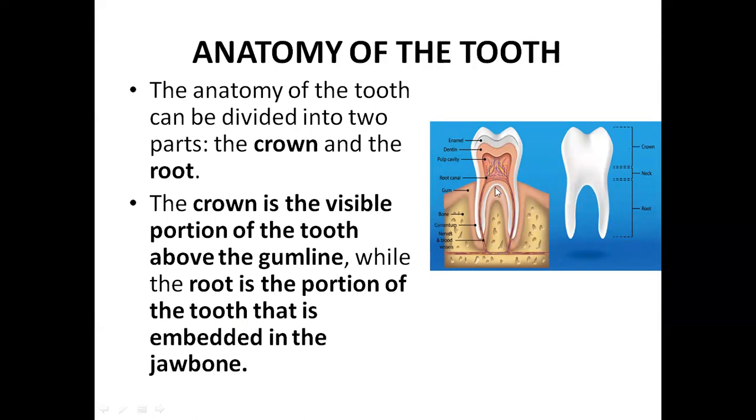So the portion here embedded in the jaw bone represents the roots. And then the portion between the crown and the root forms the neck of the tooth. In other words, it will be somewhere around the level of the gum line.